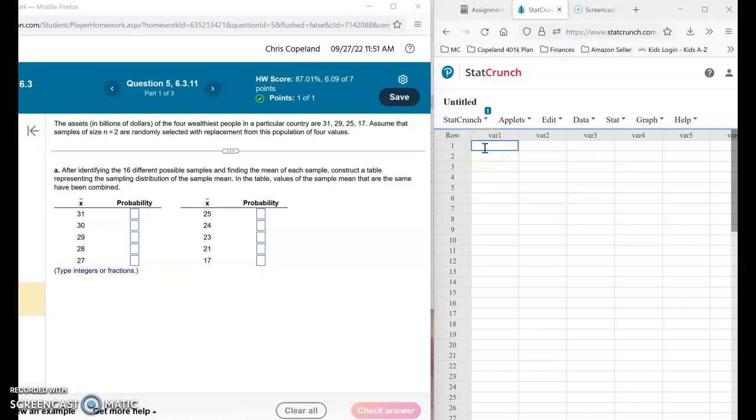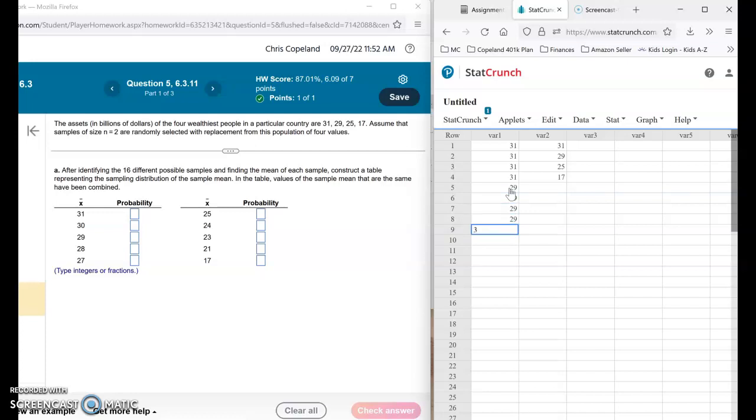We're going to have four possibilities for 31: 31, 31; 31, 29; 31, 25; 31, 17. For 29, we'll have four possibilities.